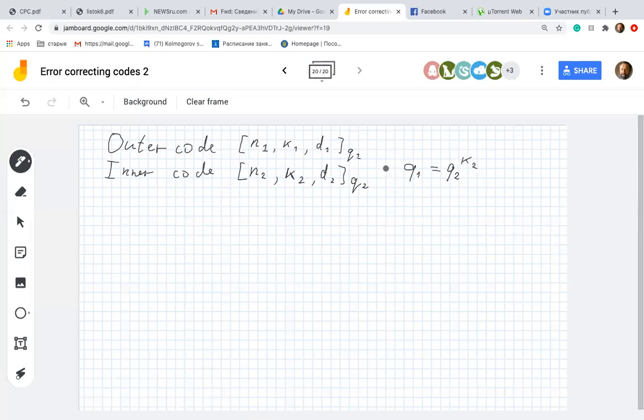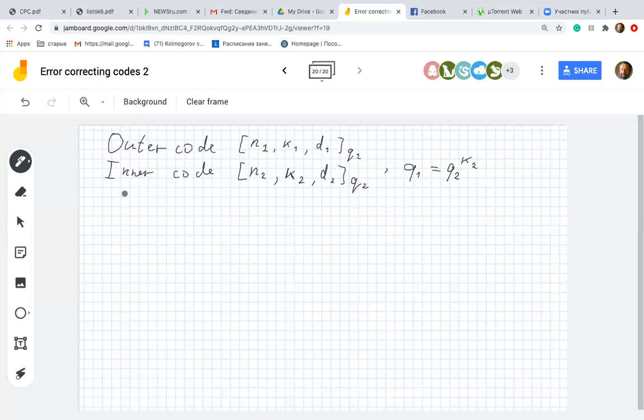This is the assumption under which we can construct the concatenated code: we have some outer code, some inner code, and their parameters satisfy this equality, Q1 equals Q2 to the power of K2.